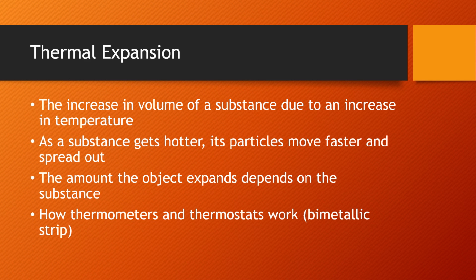And then one thing more is that this is how thermometers and thermostats work. A thermometer that is not digital, the ones with the red liquid inside of them, as the temperature heats up of whatever you're measuring, it causes that liquid to expand, and it keeps moving up and up and up because the temperature is getting higher.